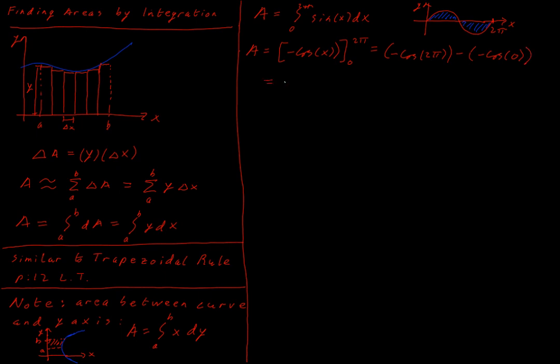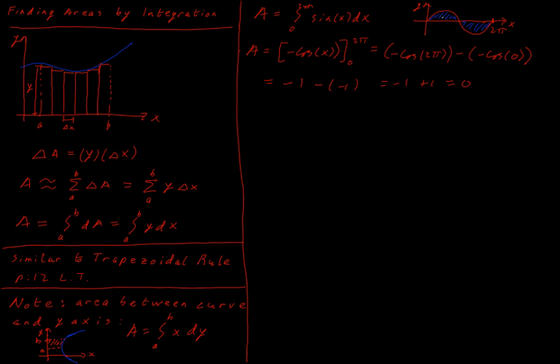Minus cos of 2 pi would be minus 1, and minus cos of 0 is minus 1, so minus 1 minus minus 1 would be equal to minus 1 plus 1, which is 0. So we get something that's an obviously absurd answer.